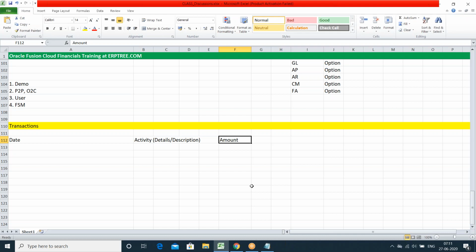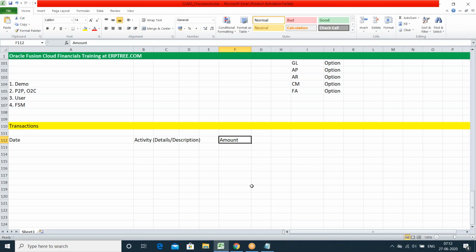It can be a sale or purchase or any other activity. You have to address with the amount also. So these 3 elements are very important. Take any application or any business scenario, even if you are going to write this information in the books, you have to capture the date, details of the transaction, and how much amount the transaction belongs to. These are very important.